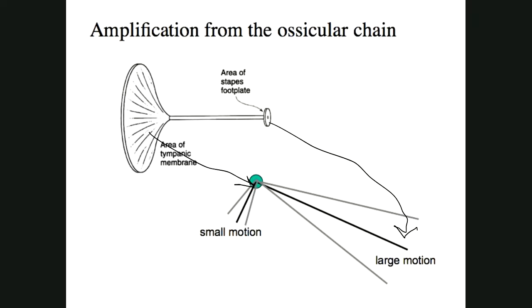So this thing here is only going to cause this to vibrate like this. But when I get over here, even though it's the same pitch, it's going to vibrate like this a lot. So it amplifies the sound. It amplifies the motion, the vibration. That helps us to hear soft sounds because we can amplify it. Does that make sense?